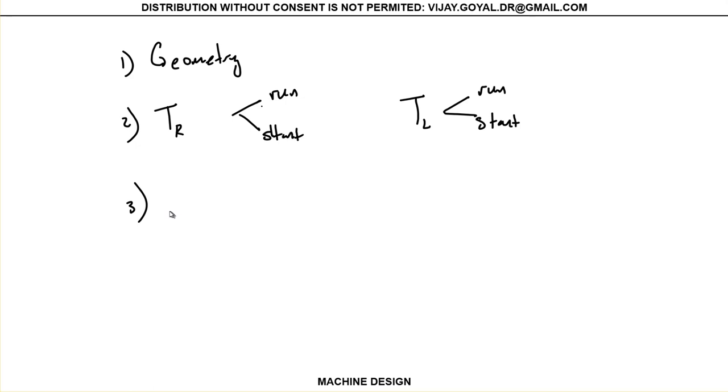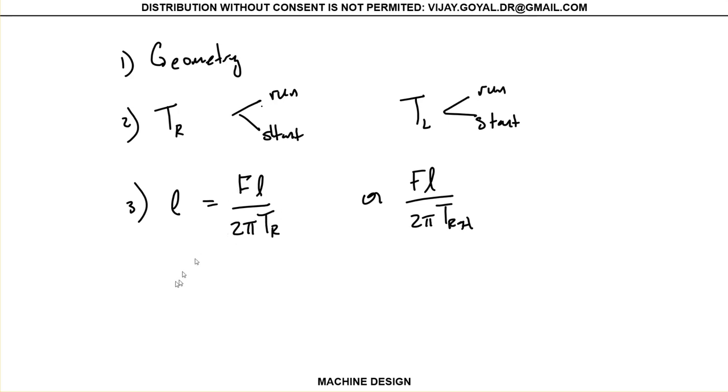And then you want to find the efficiency, F L over 2 pi TR. You could also compare this if you wanted to with 2 pi TRA. This is no collar, this is with collar. And the last thing you want to recommend is how many horsepower your problem needs for a driver. So these are the 4 things that you basically are looking for in these problems. So this will conclude example number 1.